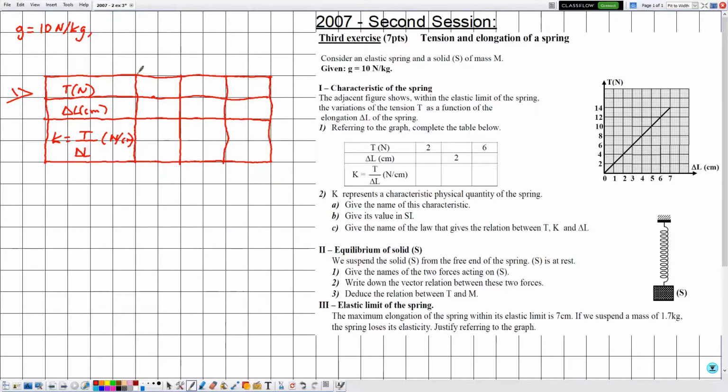The given values are 2, 2 and 6 here. And let me complete the table using another color, which is, for example, blue. So we are completing the table graphically. So this is important.